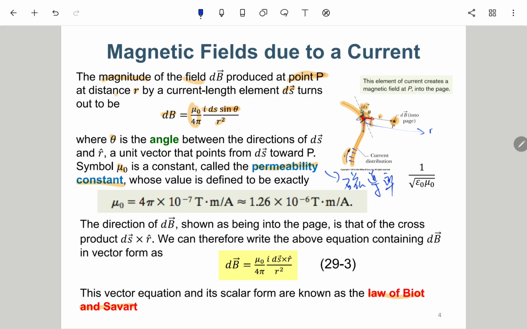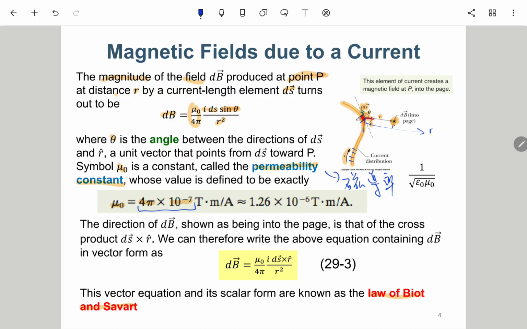Its value is defined to be exactly 4 pi times 10 to the negative 7 Tesla meter per ampere.